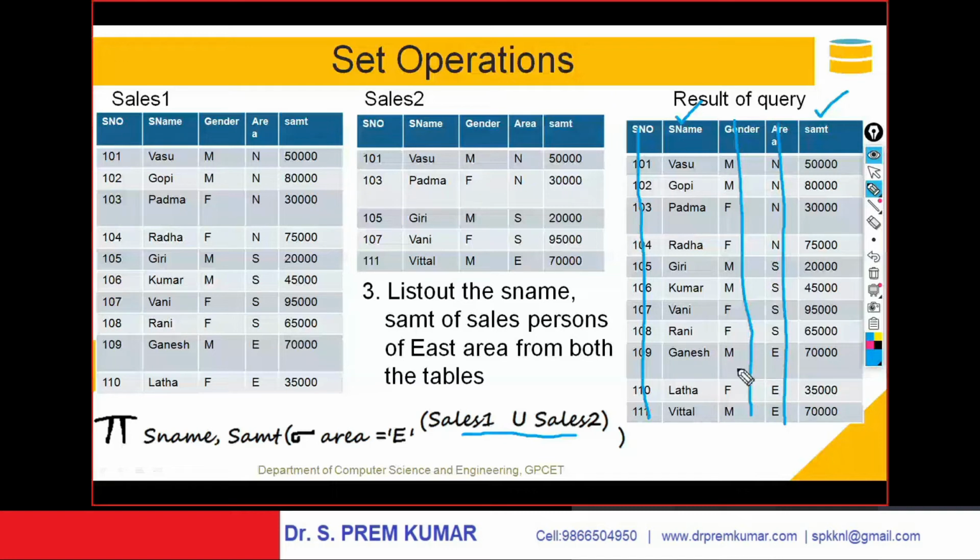Eastern salespersons are nothing but Ganesh because he belongs to East, Lata because she belongs to East, and Vittal belongs to East. So you will get only this portion as your output. Because it is a projection operation, only the data which is projected, salesman name and sales amount, is shown. Ganesh 70,000, Lata 35,000, Vittal 70,000.